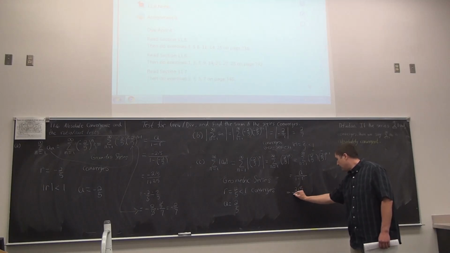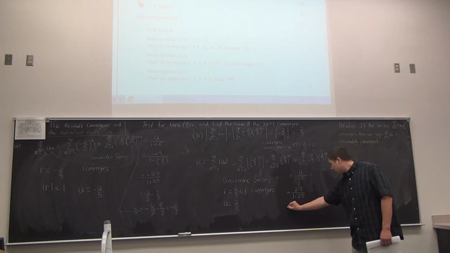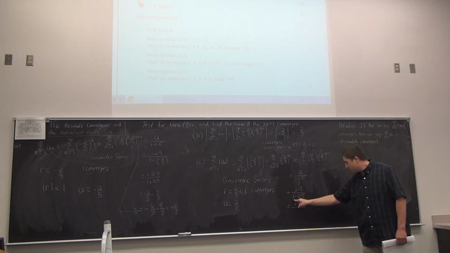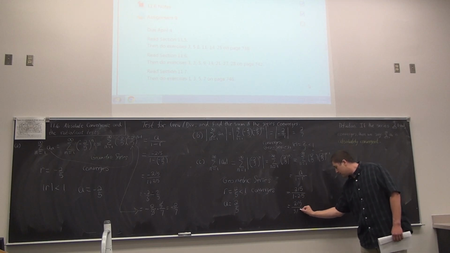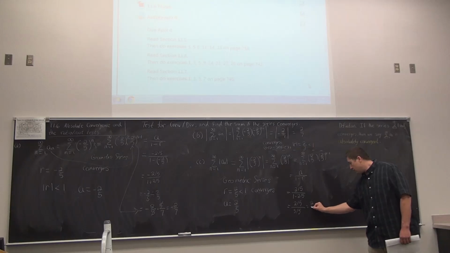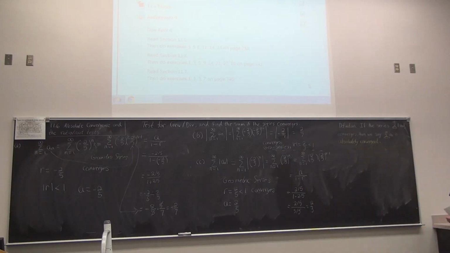In this problem, it's 1 minus 2/5 again for r. So this will turn into 2/5. This is 5/5 minus 2/5, so we get 3/5. So it's 2/3 altogether. So we went from -2/7, but if we throw the absolute value on the nth term, making all of the terms positive in the series, we came out with a 2/3. Any questions with that so far?